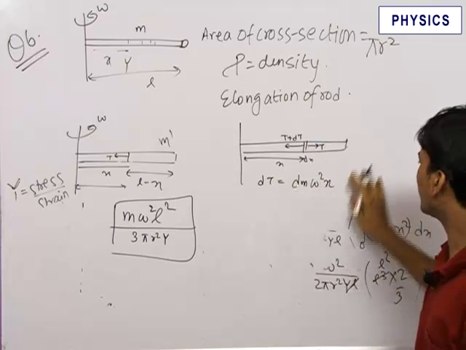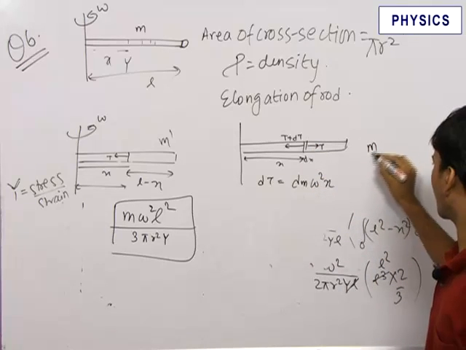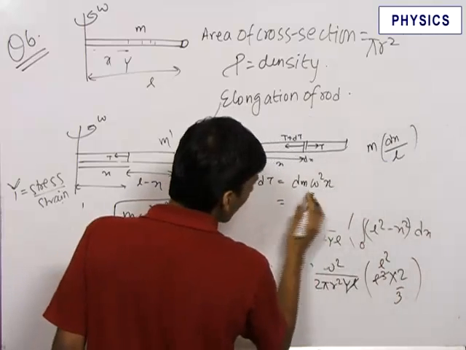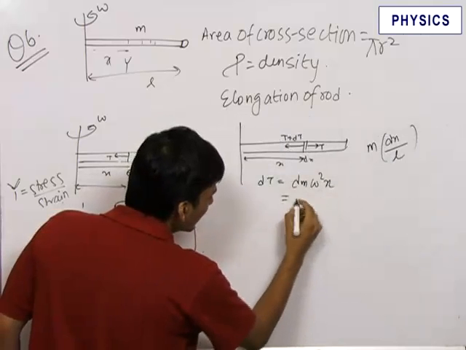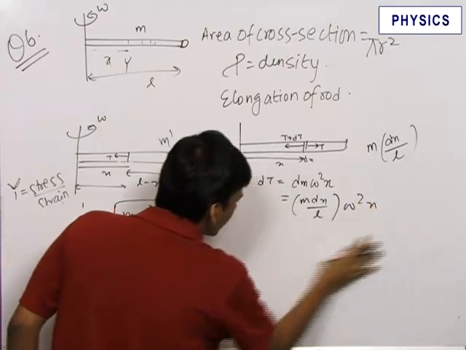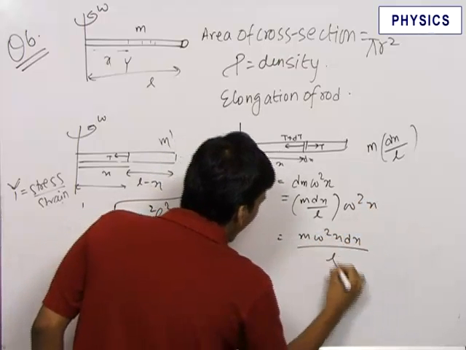Now, this dm could have been written as total mass into dx upon L. Therefore, this can be written as m dx upon L into omega square x. This is equal to m omega square x dx upon L.